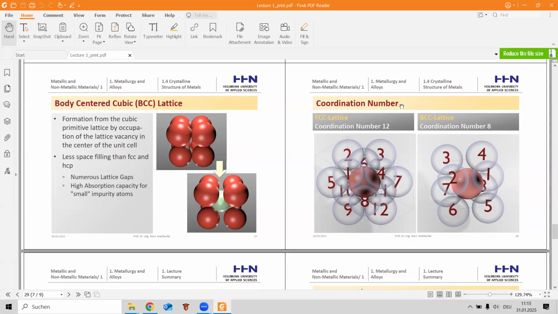And we also have the coordination number of a cubic lattice. The coordination number is equal to 12. For the BCC lattice, it's 8.